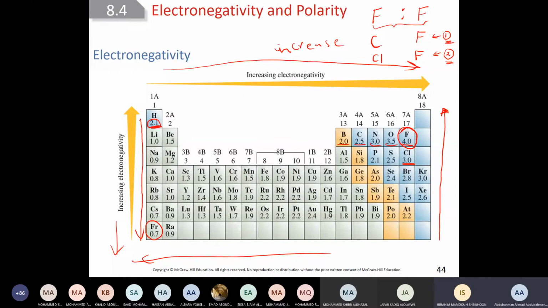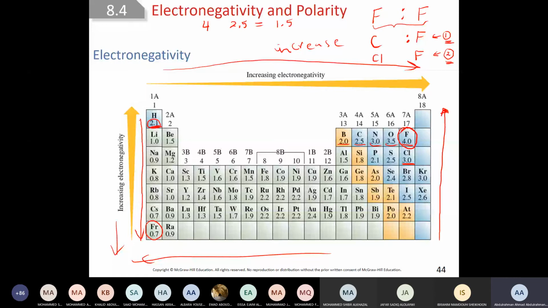Case 1. Why? Because carbon has lower electronegativity than chlorine. What's the difference between them? Fluorine is 4, carbon is 2.5. The difference is 1.5.